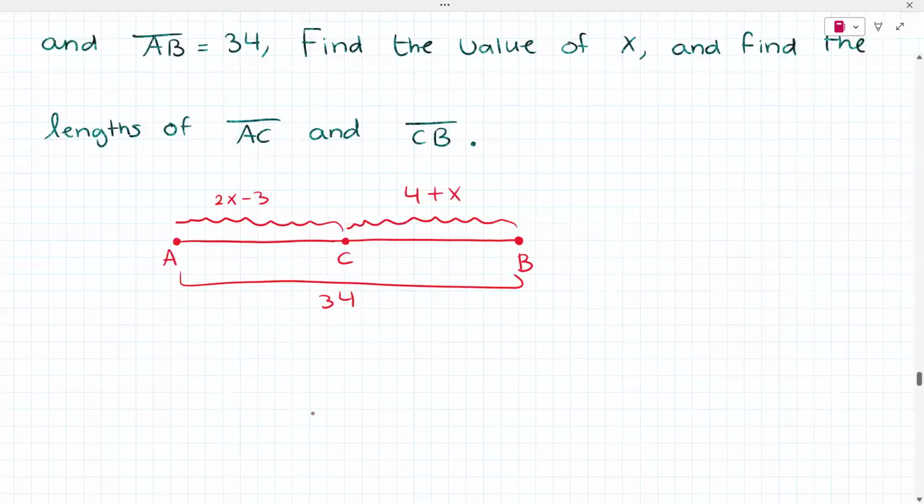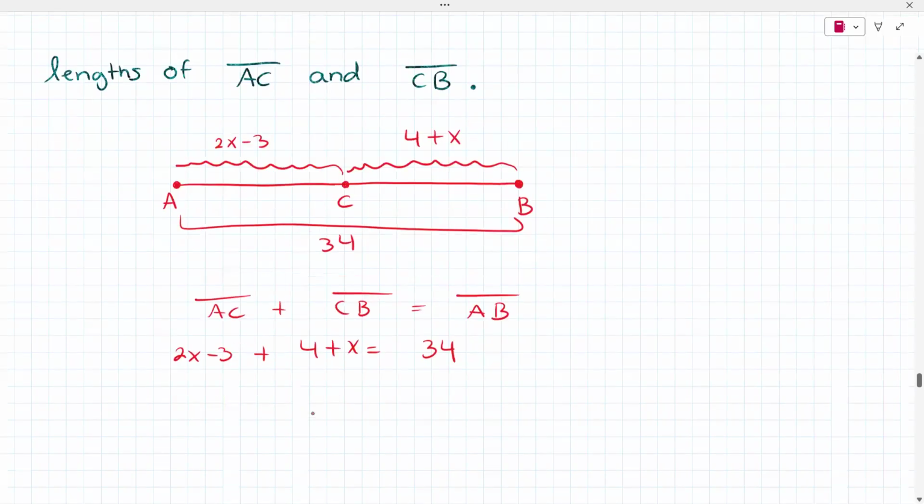So let's make an equation. So let's first solve for x. What I know is that line segment AC plus line segment CB is equal to line segment AB, right? And we know that line segment AC is 2x minus 3 plus line segment CB is 4 plus x. And that gives you a total length of 34.